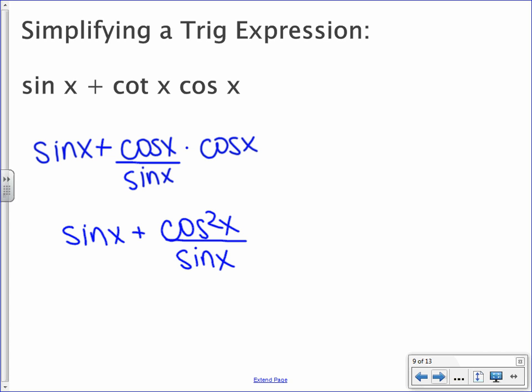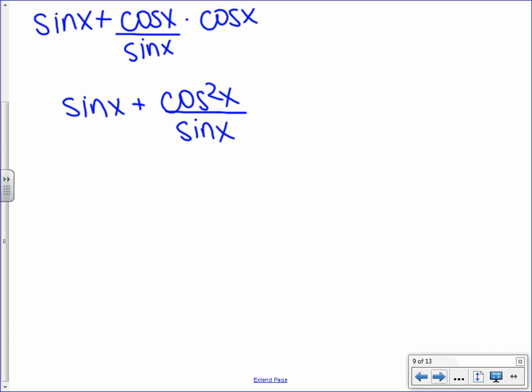Okay. Now, what happens when I want to try to add two things together and one of them is a fraction? We need a common denominator. What would our common denominator be in this case? Sine of x. So I'm going to multiply this guy by sine of x over sine of x so that we can get a common denominator.